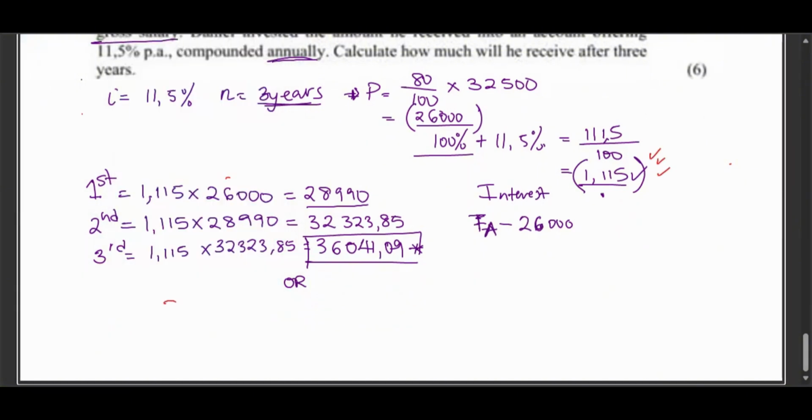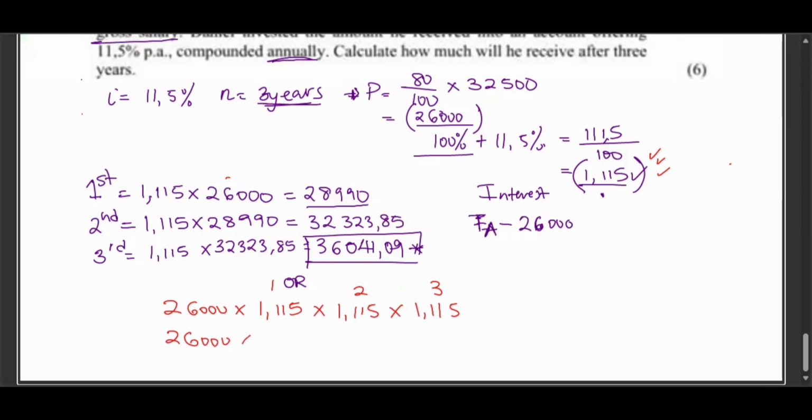You get the money the person is going to invest, multiplied by 1.115. You remember how we got this from here. This is for the first year. Then multiply again by 1.115, this is the second year. Multiply again by 1.115, this is the third year. So 3 years. Indeed, this one will give you the answer.